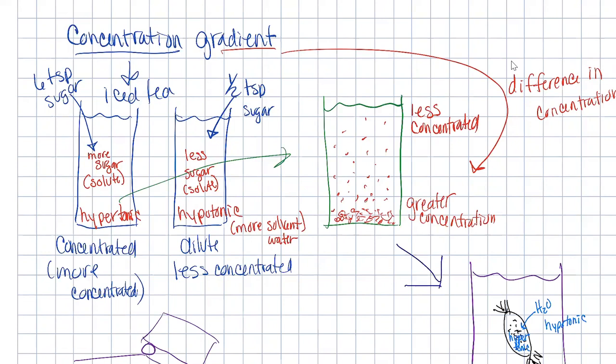If you didn't know what they ate and you were just looking at two people, how would you know one was hyperactive and one maybe wasn't? What would one be doing? A lot, yeah. Little kids, you say, oh, they're bouncing off all the walls because they're excited about something or they've had too much sugar. So if something has a lot of activity or a lot of solute, we say that it is hypertonic. Hyper means more.